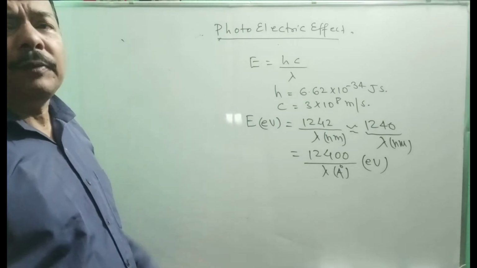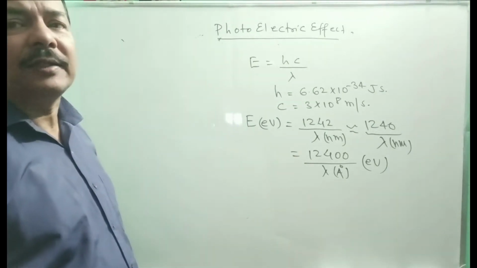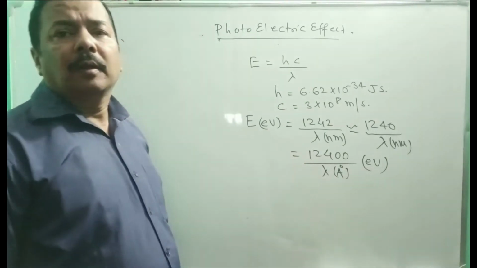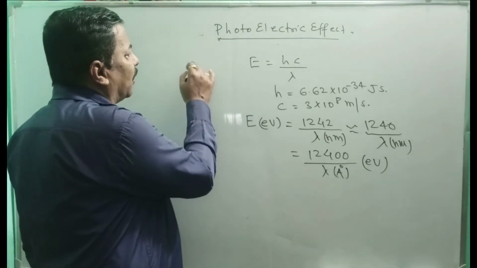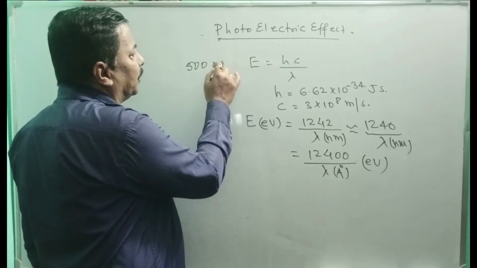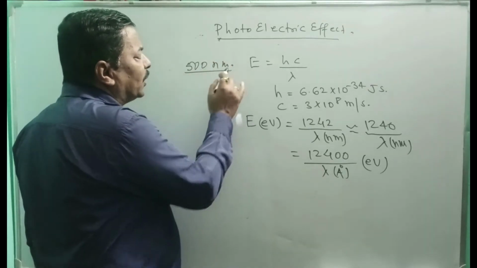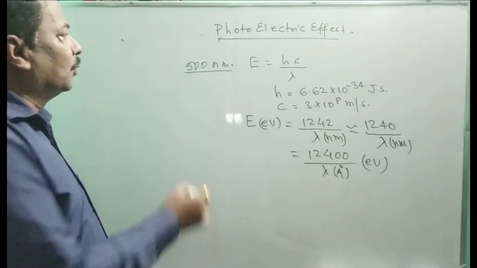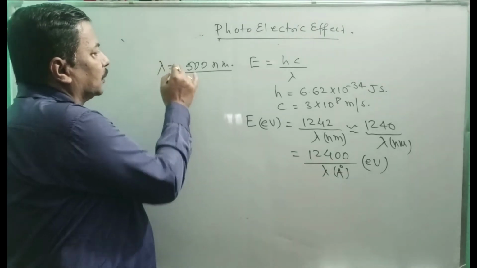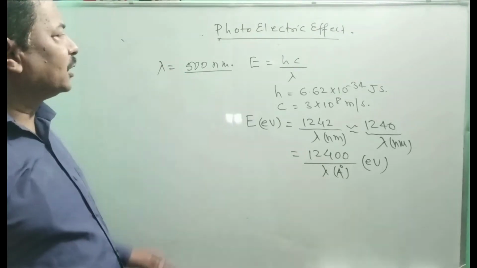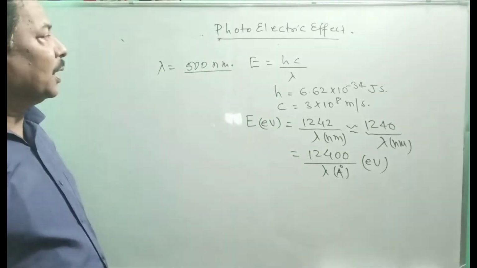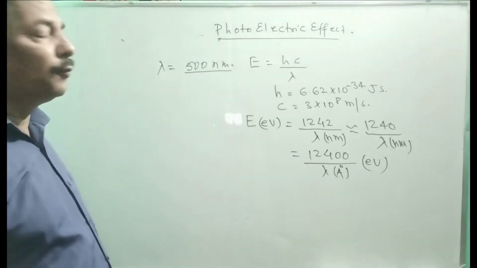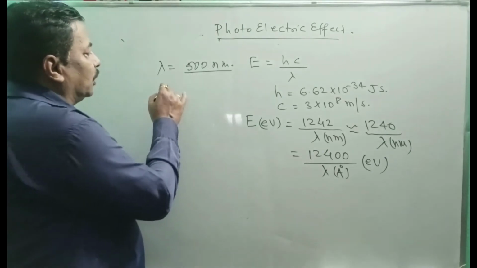If the question asks: the average wavelength of light is, suppose, 500 nanometers, what is the energy of the photon? The photon falling has a wavelength of 500 nanometers. What is its energy in electron volts?